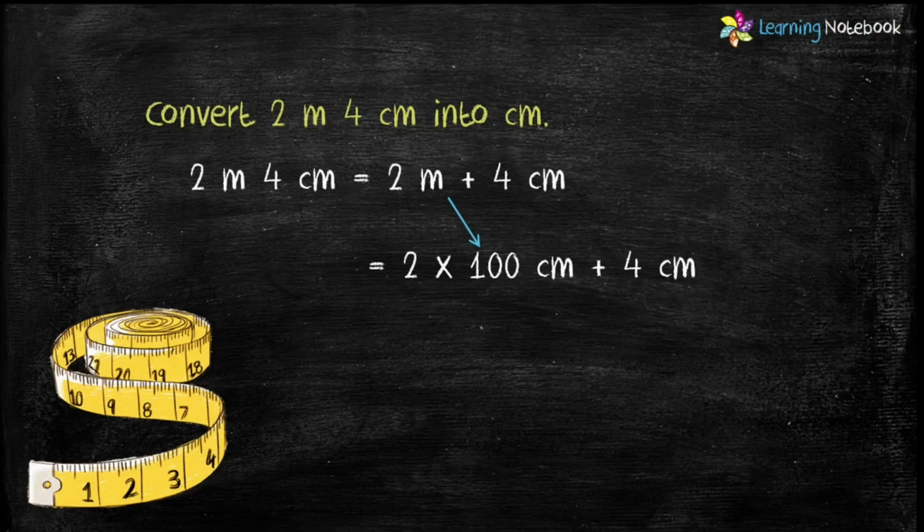Because to convert meter into centimeter, we will multiply by 100. Now 2 into 100 equals to 200 centimeter. Therefore, 200 centimeter plus 4 centimeter equals to 204 centimeter. So students, this is how we convert meter into centimeter.